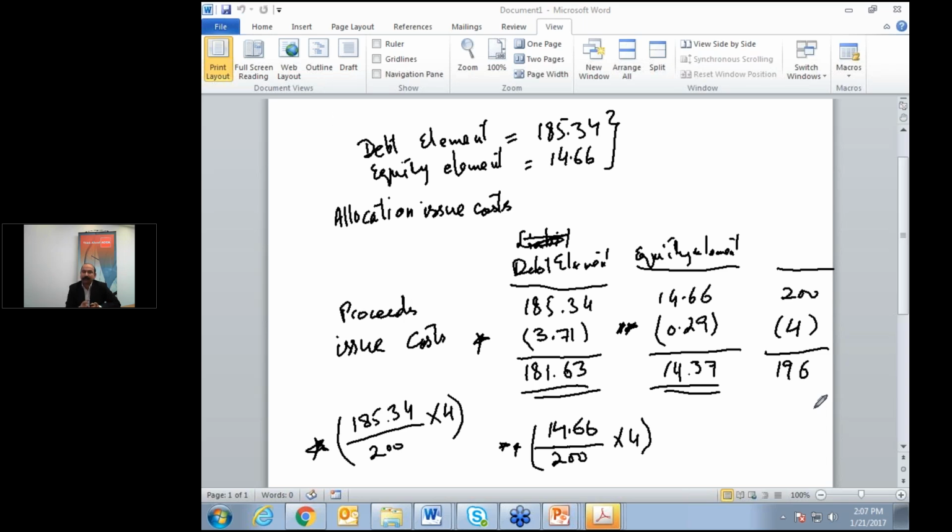Out of 200 million, you paid 4 million as an issue cost. So the first step is how to bifurcate this 196 million between debt and equity element. The first step is to forget about this issue cost. Shayan is saying classification of issue cost is already clear to him. Okay, fine, classification of debt and equity is what he wanted to know.